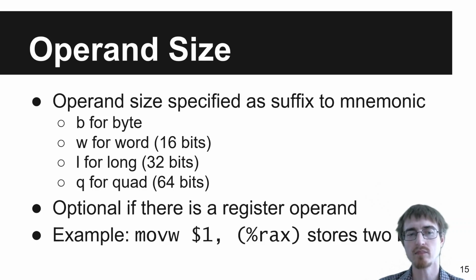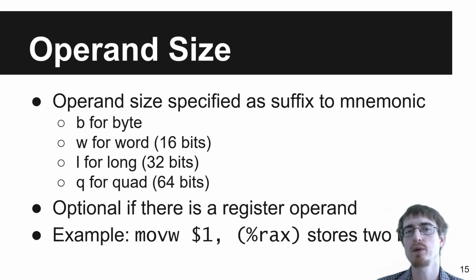So another important thing, these suffixes are only required if it's not possible to determine what the size of the memory operand is from the context. In particular, if there's also a register operand, it's optional. Each register clearly indicates what its size is. So the name implies the size, which means in this case the memory operand is taken to be the same size as the register operand, and a suffix is not needed.